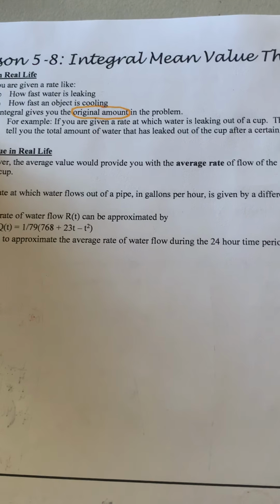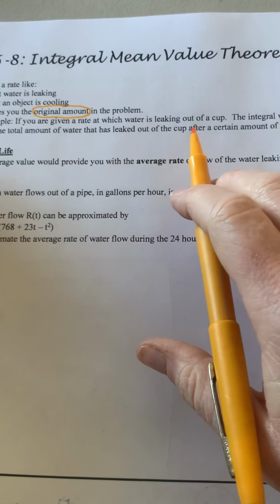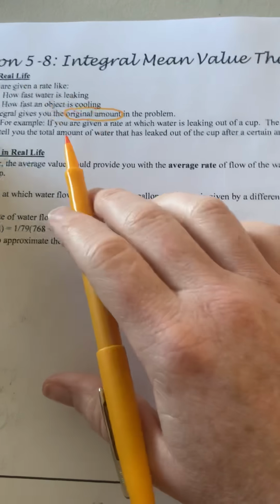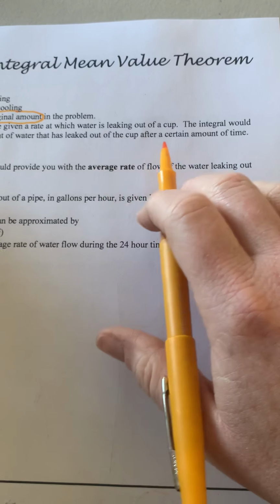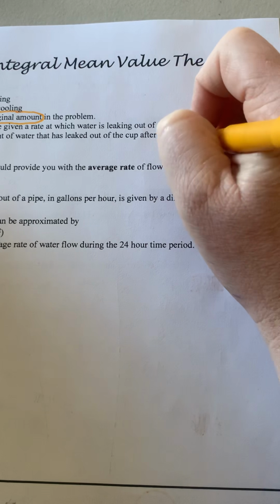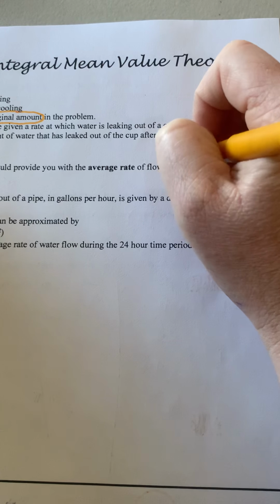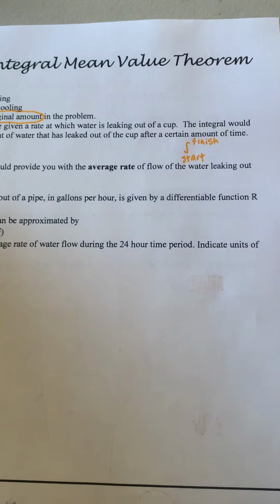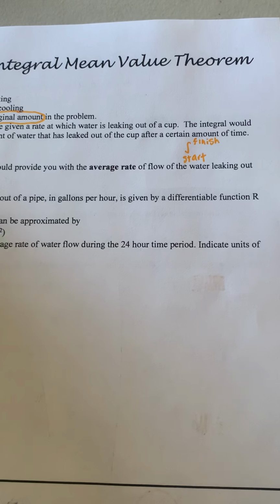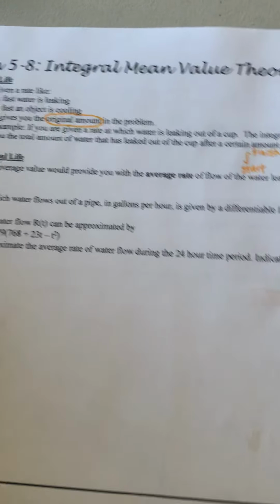For example, if you're given a rate at which water is leaking out of a cup, the integral would tell you the total amount of water that has leaked out of the cup after a certain amount of time, from the start time to the finish. So it tells you that amount or that area, however you want to think of it. We should kind of know that already.